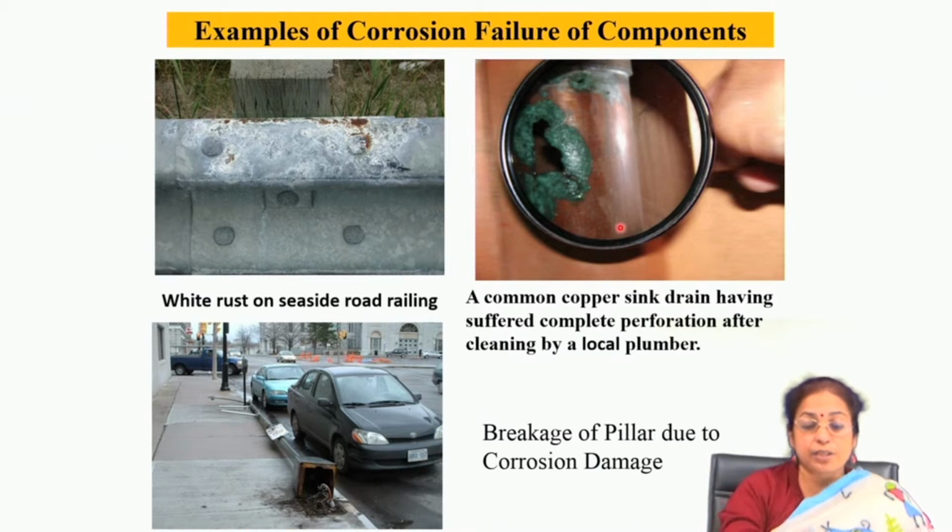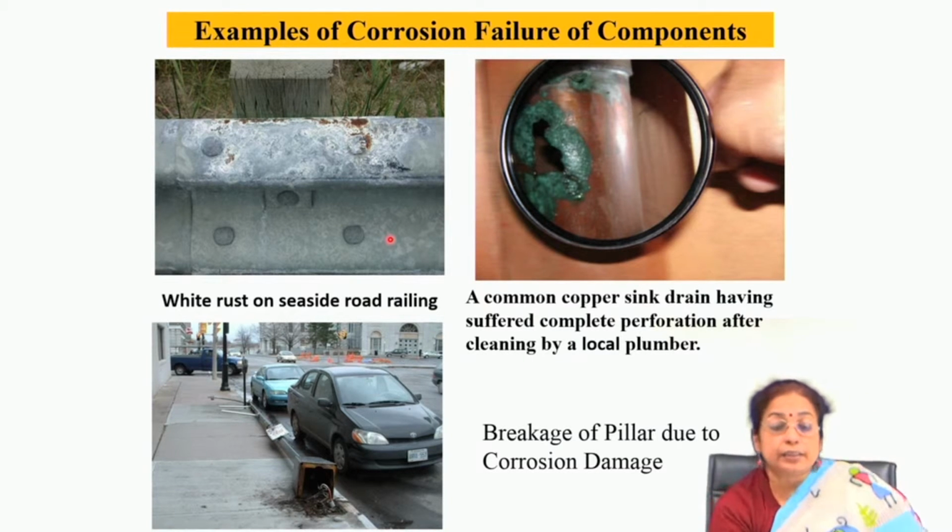And a few examples of corrosion are shown here, like this is the white rust on seaside road railing. You will find that these are all steel structures. There is rusting of steel, and it is quite severe in seaside road railing because of the presence of chloride in the environment, and there is rust formation, and this was actually zinc coated steel.